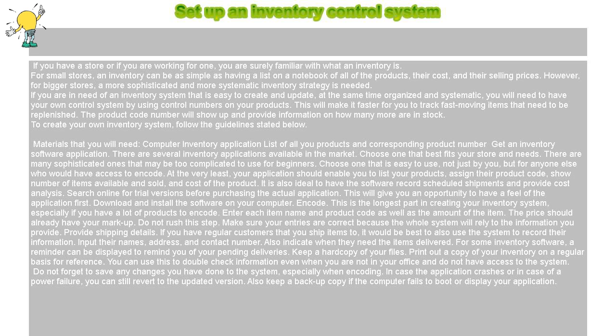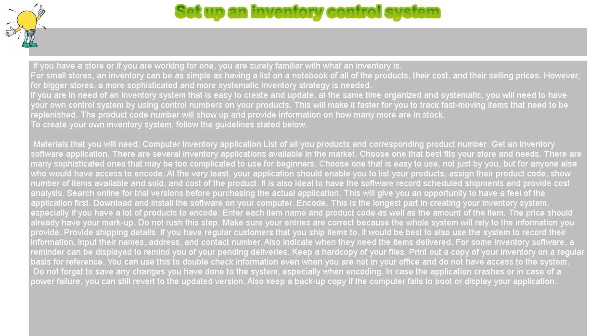If you are in need of an inventory system that is easy to create and update, at the same time organized and systematic, you will need to have your own control system by using control numbers on your products.